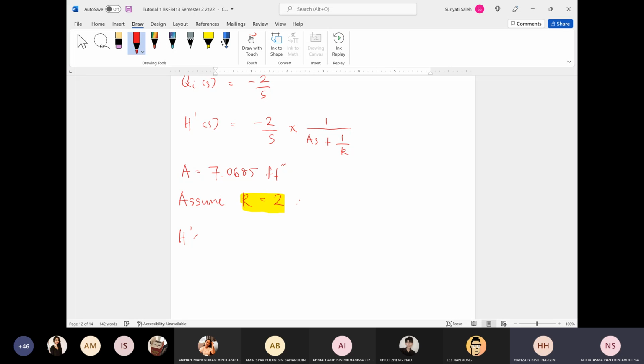So H prime S equal to negative 2 over S multiplied with 1 over (7.0685 s plus 0.5). So this is the substitution of the value.